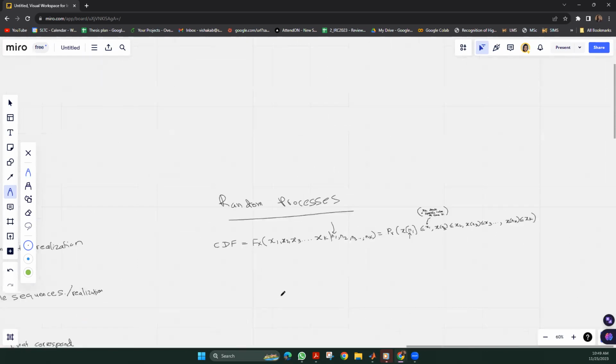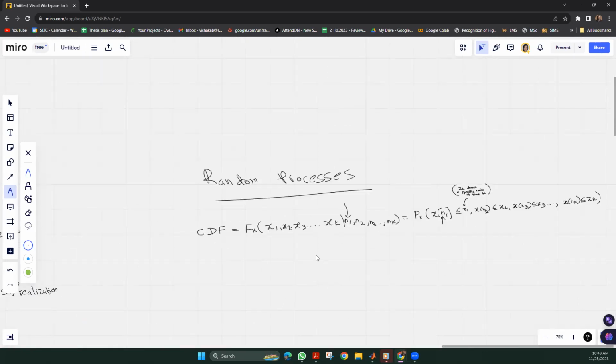Similarly, we can define the PDF function, right? The CDF function we can denote mathematically as capital F, and we denote this with x1 up to xn, right? There are multiple random variables in this case.